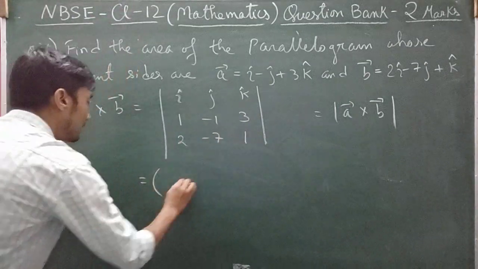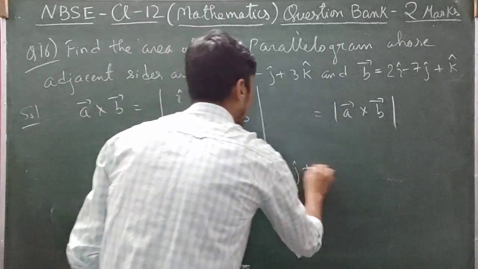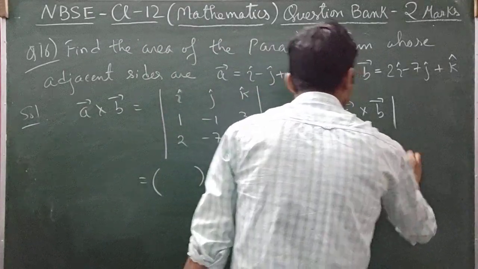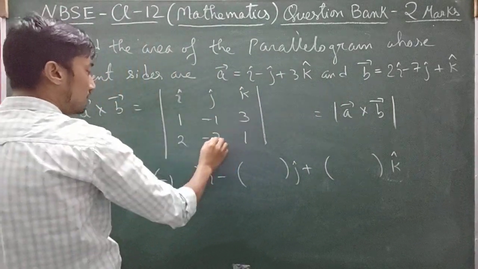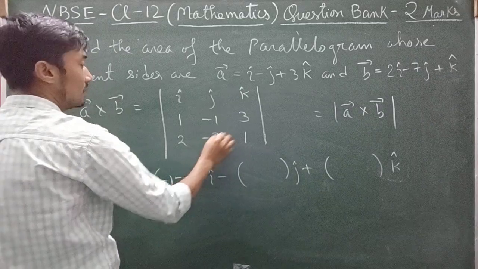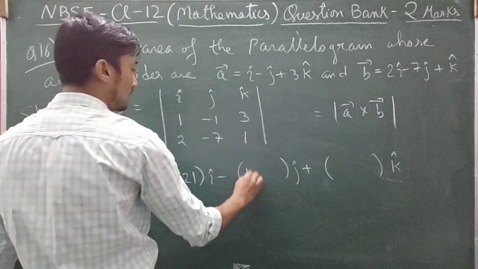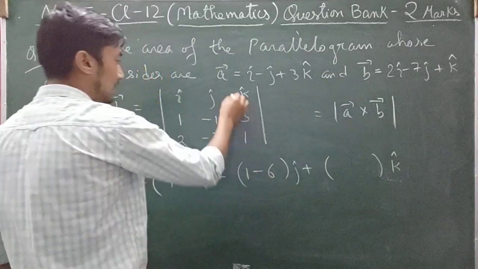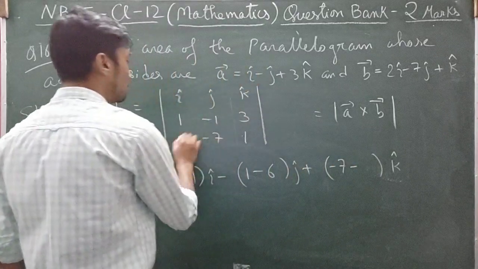So once again, division i minus j plus k. So minus 1, minus 1, minus 1. 7 3s are 21. Minus 7 3s are minus 21. Minus minus plus. Again, 1 1s are 1. Minus 2 3s are 6. Next again, 1 minus 7. Minus 2 minus 1.